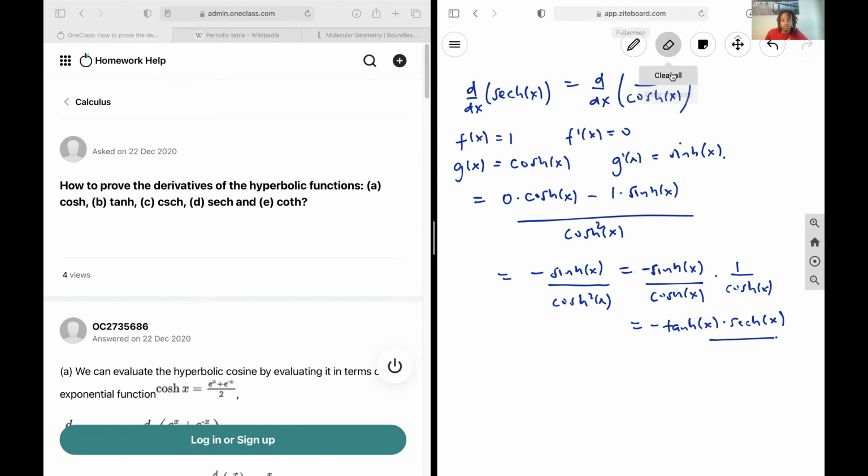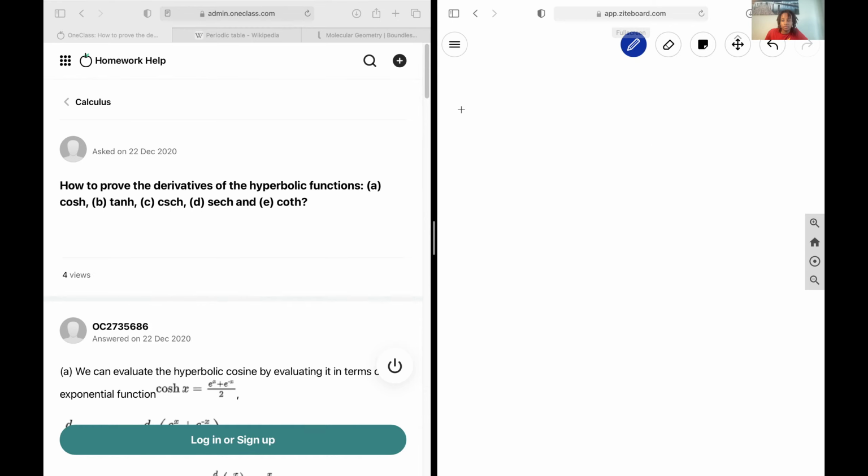I had skipped the question right before that, so let's go ahead and cover that. So we know that this is going to be 1 over that. And so again, we're going to use the quotient rule.